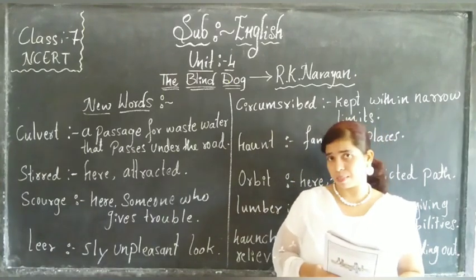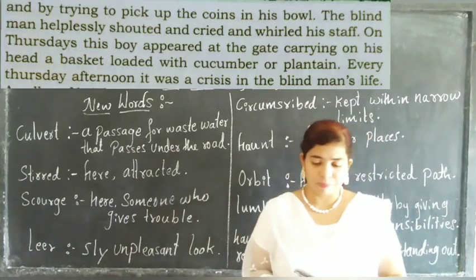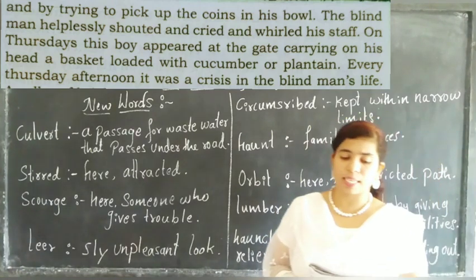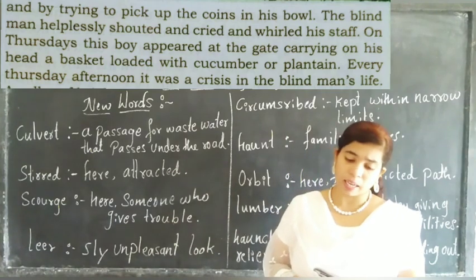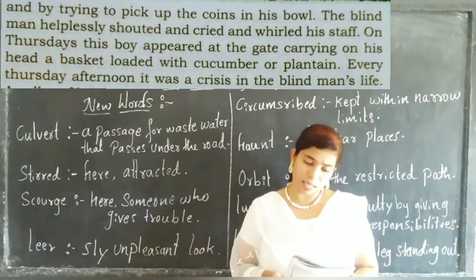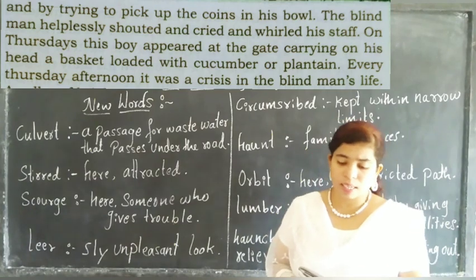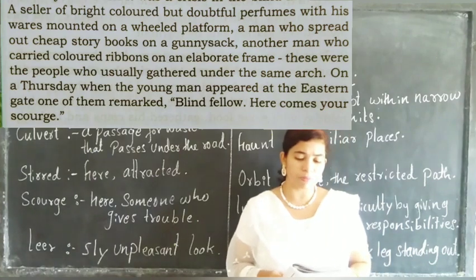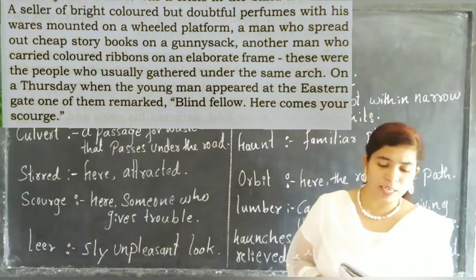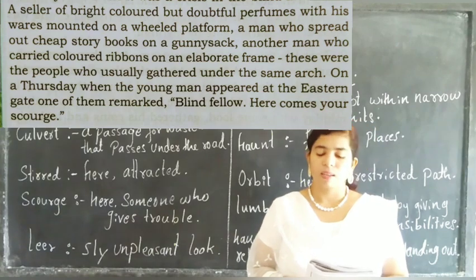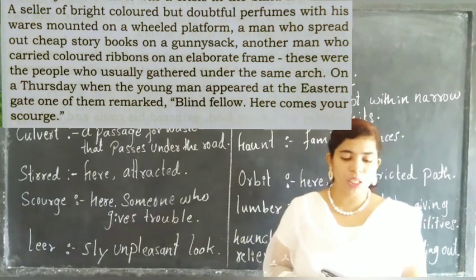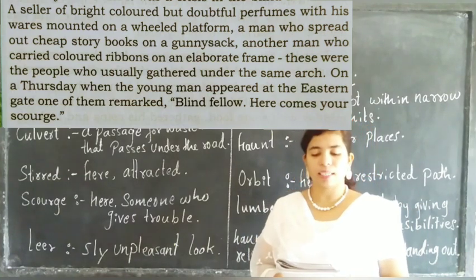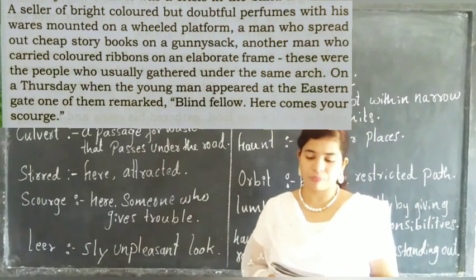Okay, what happens? See, on Thursdays, this boy appeared at the gate carrying on his head a basket loaded with cucumber or plantain. Every Thursday afternoon was a crisis in the blind man's life: a seller of bright colored but doubtful perfumes with his wares mounted on a wheeled platform, a man who spread out cheap story books on a gunny sack, another man who carried colored ribbons on an elaborate frame.